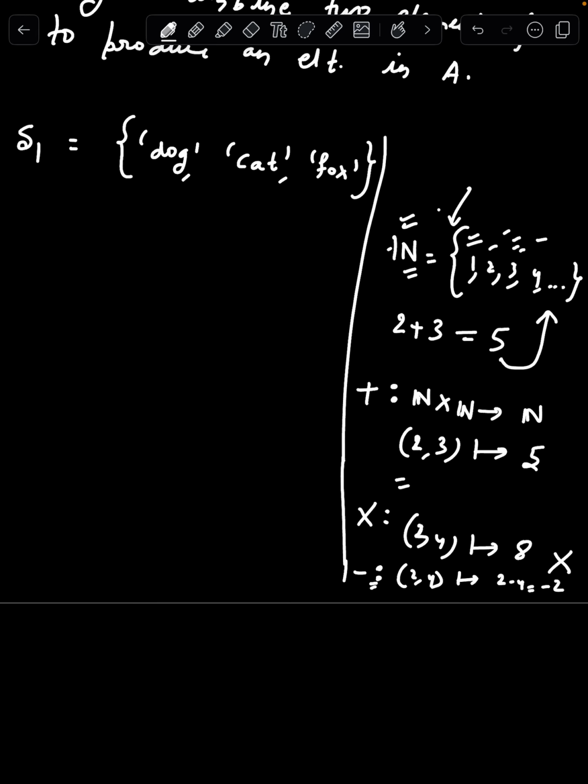Now, as far as this set S1 is concerned, can we combine dog with cat somehow? Can we combine cat with fox somehow? We can't, because we don't have any binary operation yet, right? So can we combine dog and cat in S1?